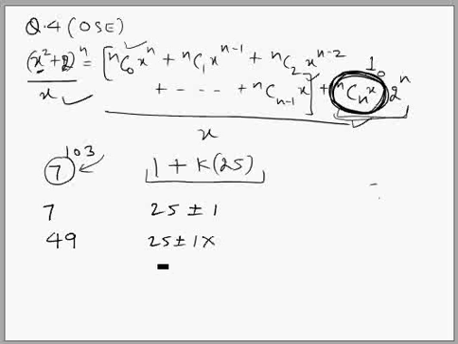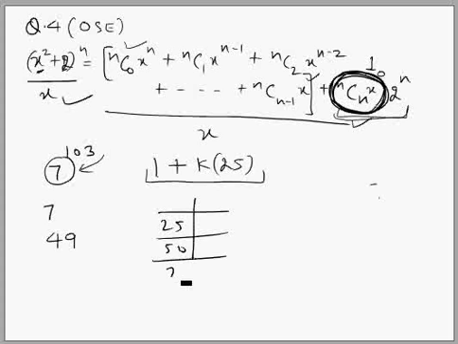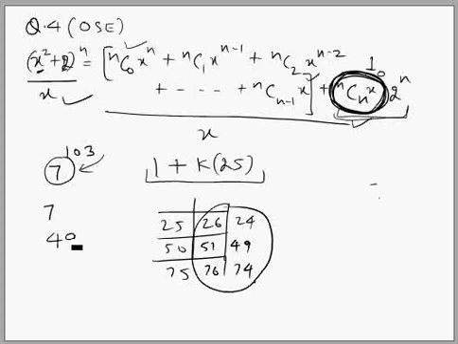Then instead of 25 we take multiples of 25: 25, 50, 75. Plus or minus 1 gives 26, 24, 51, 49, 76, 74. Now we see whether any power of 7 matches with this. You can see 49 is matching.